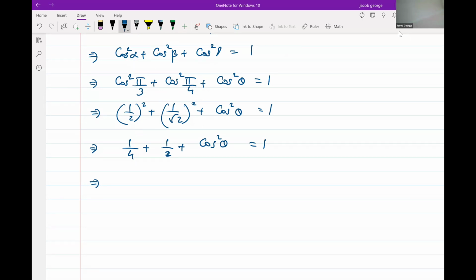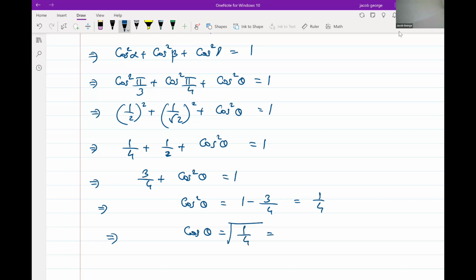So 3 by 4 plus cos square theta is equal to 1, or cos square theta is equal to 1 minus 3 by 4. What is 1 minus 3 by 4? 1 by 4. Cos theta is equal to root of 1 by 4.